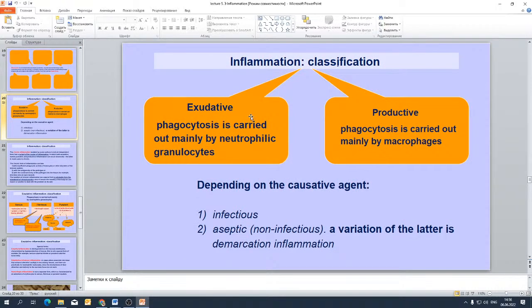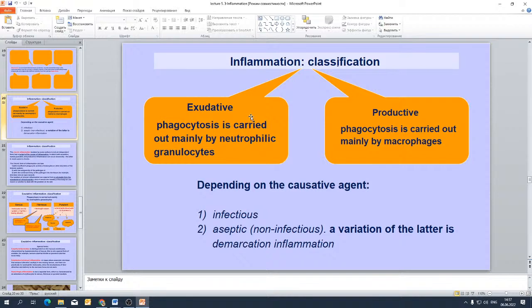Classification of inflammation. Here are presented two types of inflammation: exudative inflammation and productive inflammation. Maybe you have heard or read about chronic and acute inflammation. But in pathological anatomy, first we need to discuss exudative and productive inflammation. Chronic and acute, and also subacute, we discuss in clinical practice.